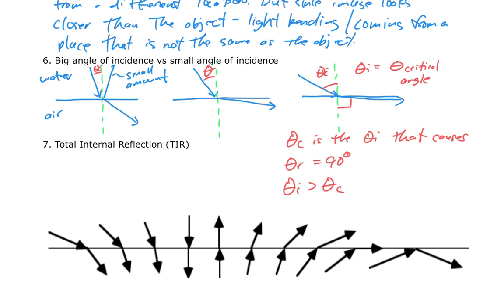Okay, so try that and you'll see that there is some light that's reflecting. However, when we reach the critical angle and we eventually exceed the critical angle, we're going to see that none of the light refracts anymore. It doesn't bend into the air. It all reflects.